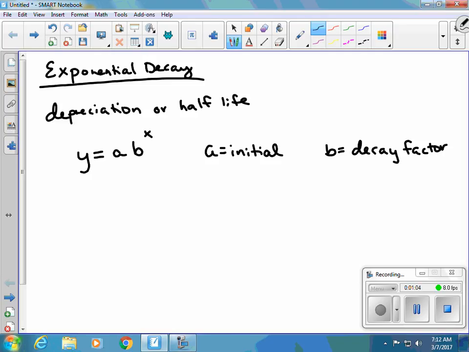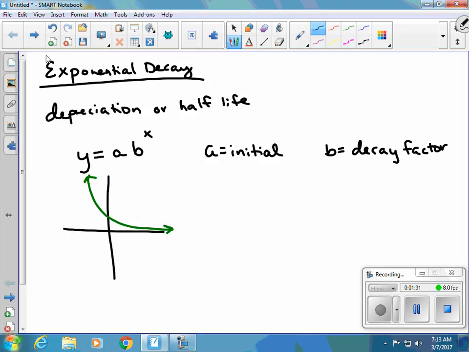In order for it to be an exponential decay, our graph is going to look something like this, where we have a high number and it's going to decrease exponentially. So it's going to rapidly decrease and then kind of simmer down into a limit.